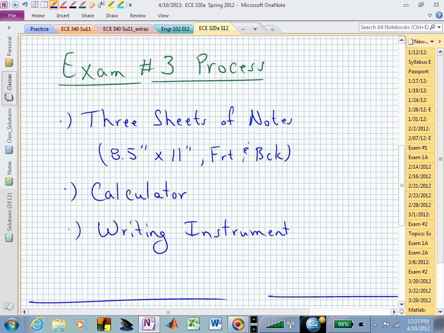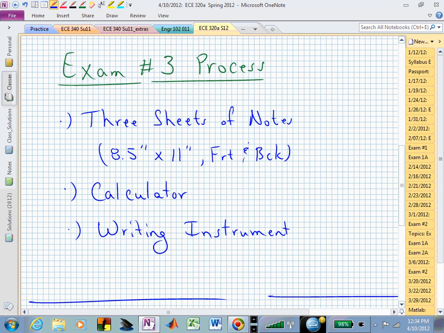What topics are covered in very quick terms are homework sets 6, 7, and 8. And in topic terms, it's sort of in reverse order: convolution, transfer functions, and S-domain circuits. Question?